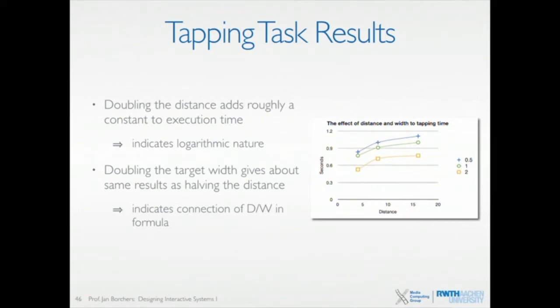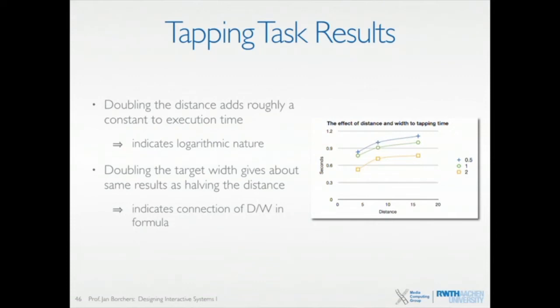And that doubling the target gives about the same results as halving the distance, which we also saw when I'm doubling both. I'm getting a similar number of taps, which we can, for example, see here. If I have the 8 centimeter distance for 0.5, it takes me the same time as if I have 1 centimeter target for 16 centimeter distance between.